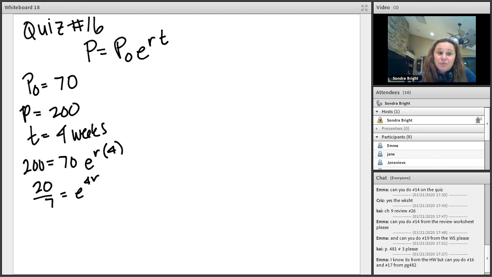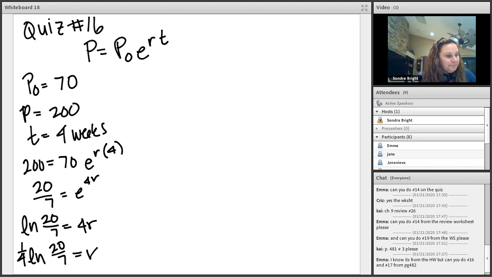Taking the natural log of both sides, since it's base e, will give you 4 times r, and then dividing by 4, I'll write it as 1/4 times natural log of 20 over 7 is equal to r. And so r is approximately, to 4 decimals again, 0.2625.